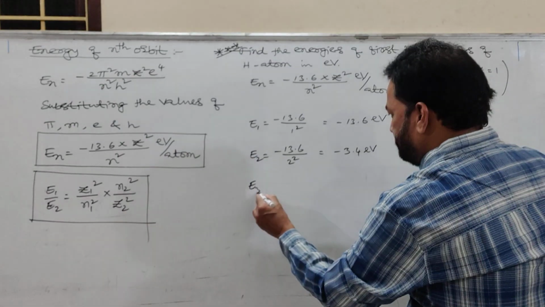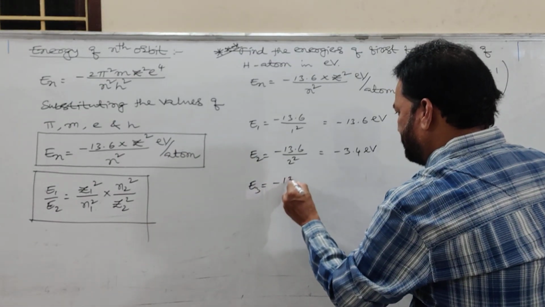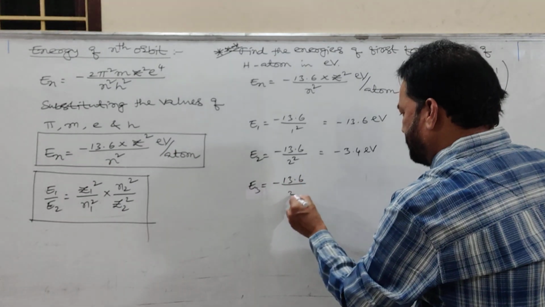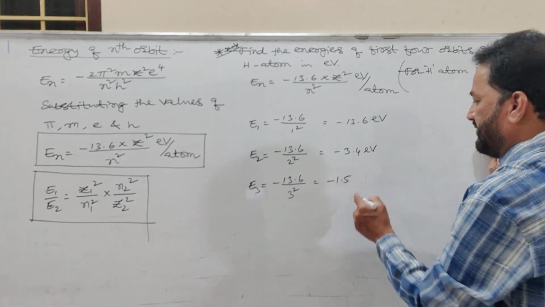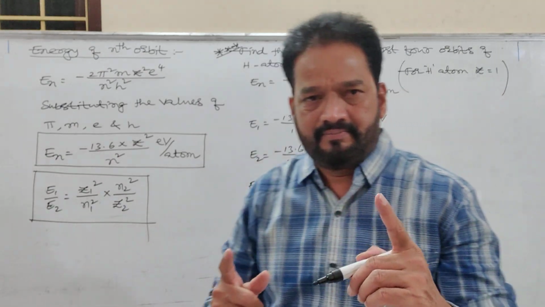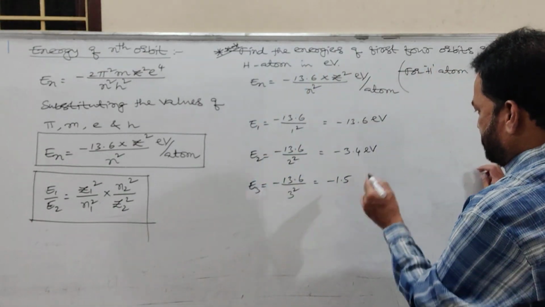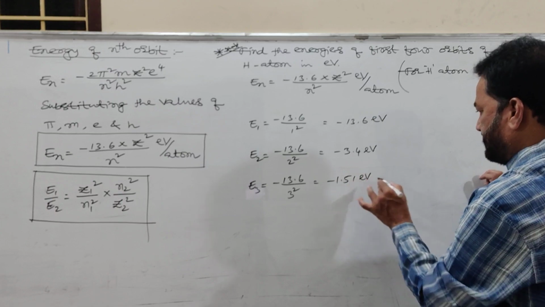Then E3 is minus 13.6 by 3 square, that is minus 1.51 electron volt.